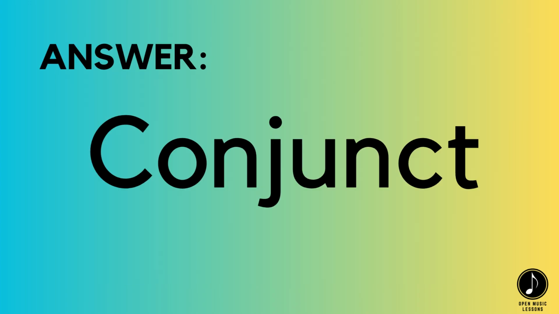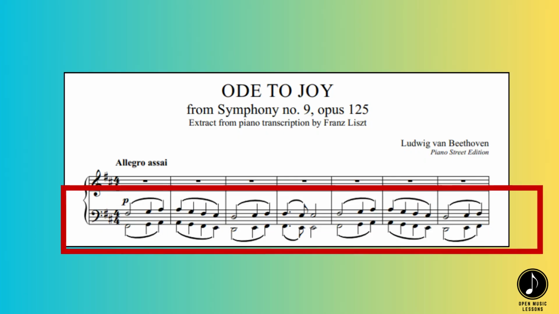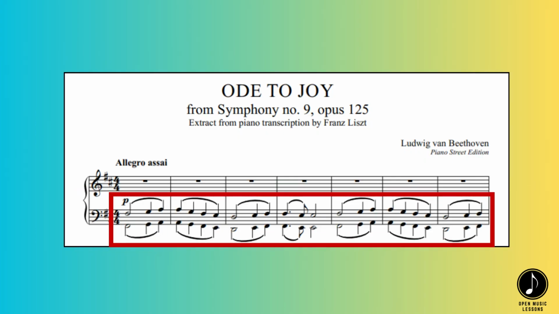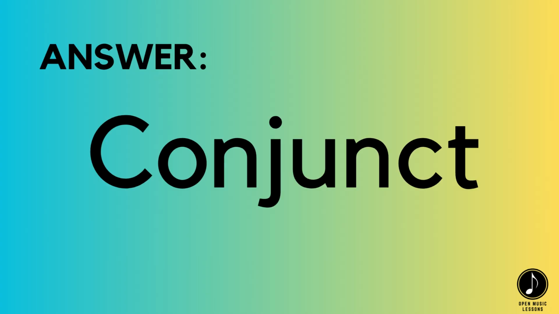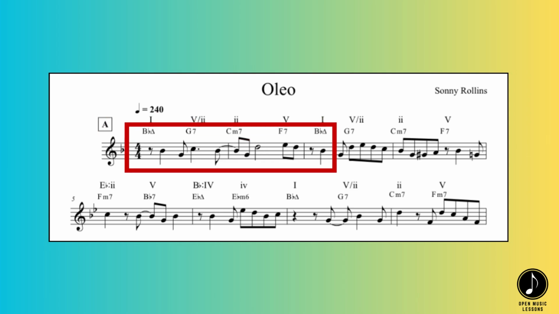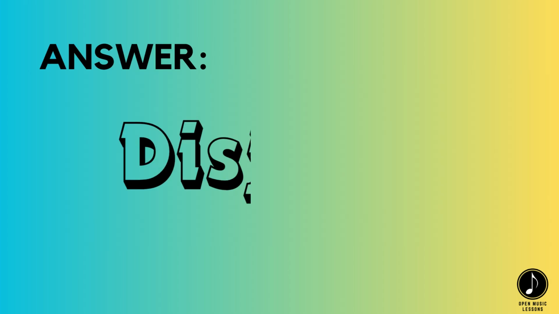It's another conjunct melody. Is this classical melody conjunct or disjunct? Another conjunct melody. And finally, is this jazz melody conjunct or disjunct? Our final question is a disjunct melody.